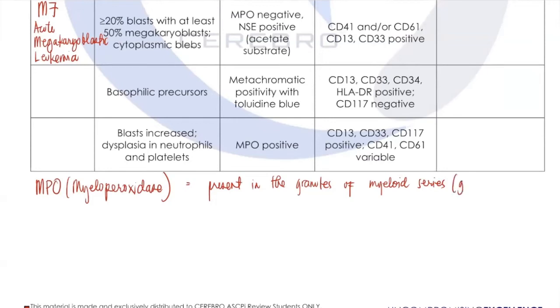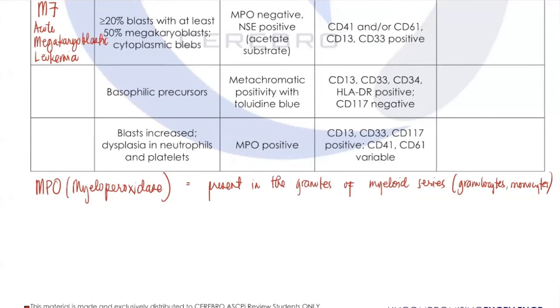So that would include the granulocytes and the monocytes. However, kanina nakita natin doon sa ating M5 that the MPO is already negative. That is because kanina I mentioned that in order for you to be considered positive for MPO, you must be at least 3% yung staining na intensity.